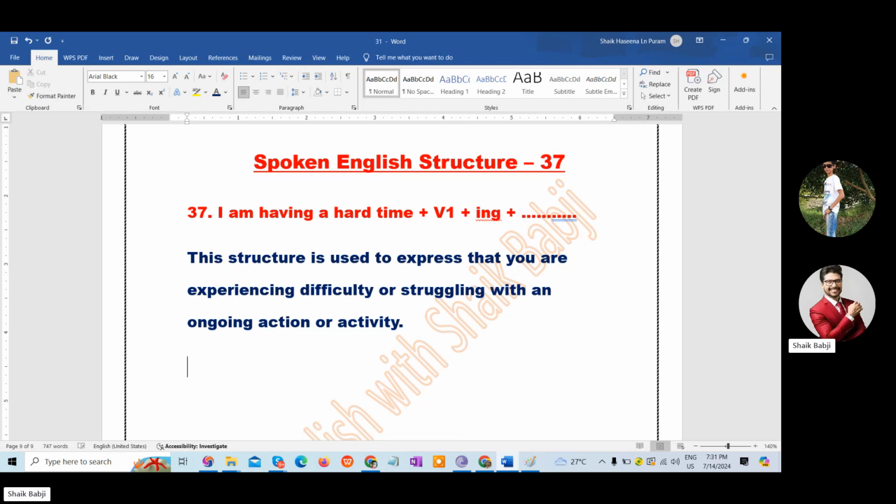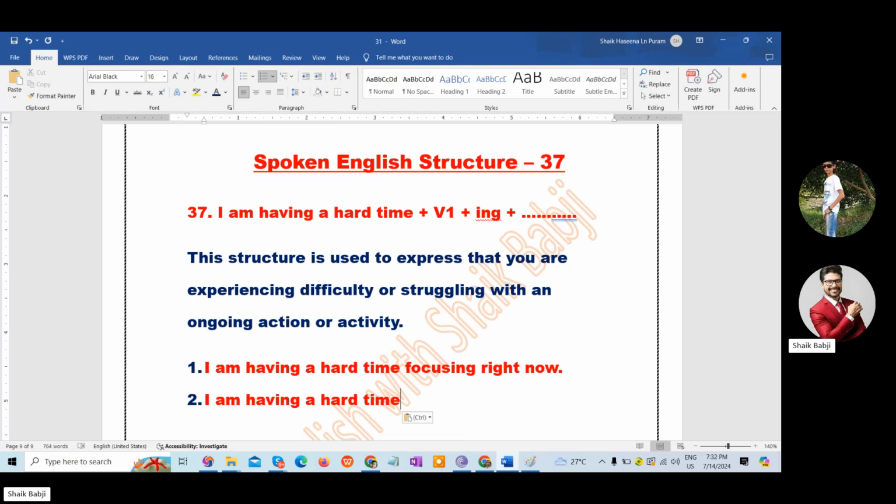Now let's see how we can use this structure in our own sentences. The first one is I am having a hard time focusing right now. And next one, I am having a hard time understanding the concept.